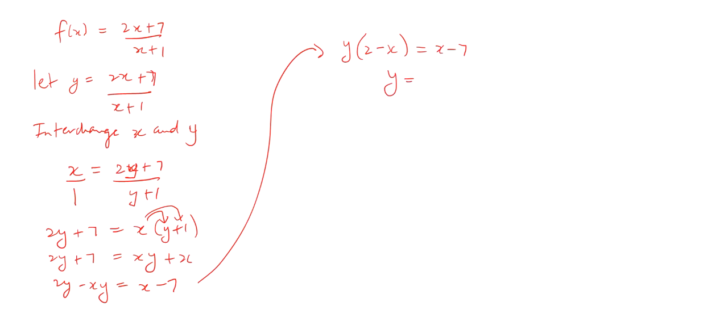Therefore, y is equal to (x minus 7) over (2 minus x). So therefore, the inverse function, f inverse of x, is equal to (x minus 7) over (2 minus x). Okay? So this is how we find the inverse of a function.